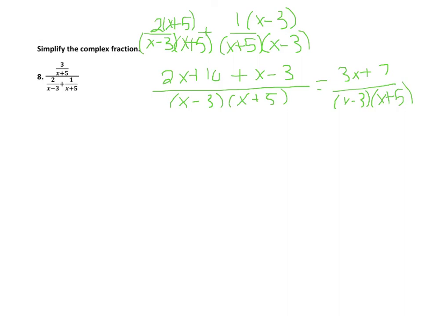So copy down the original now. Except instead of what they have, now we just have this. Instead of the bottom, we copy down the new bottom that we added together already.